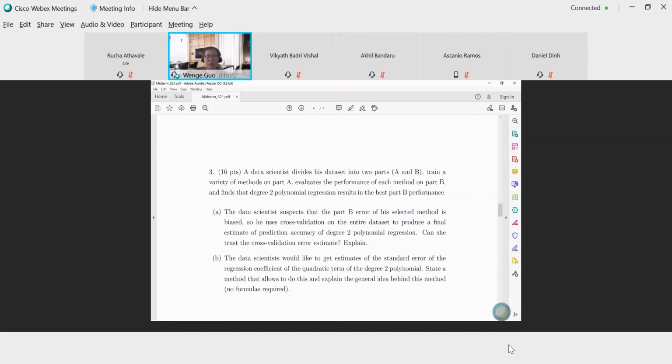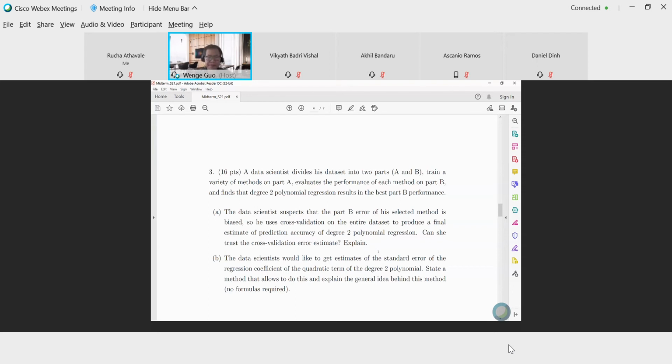If you repeat this process, for example 1,000 times, you get 1,000 estimates of this regression coefficient. Then, based on these 1,000 regression coefficient estimates, you can calculate the standard deviation. This is the estimated standard deviation. This is the basic idea.